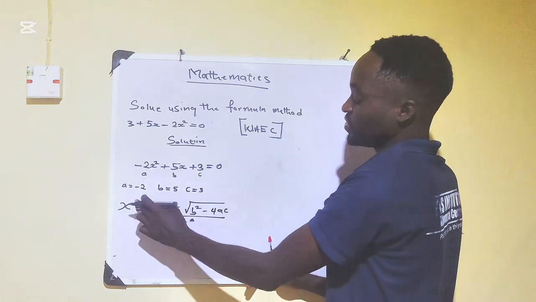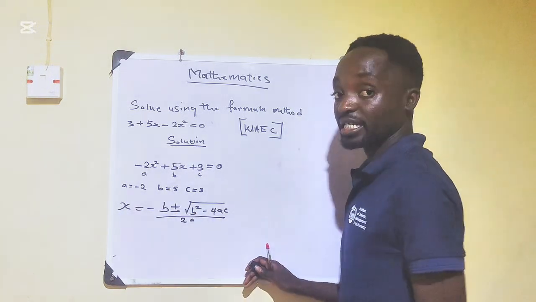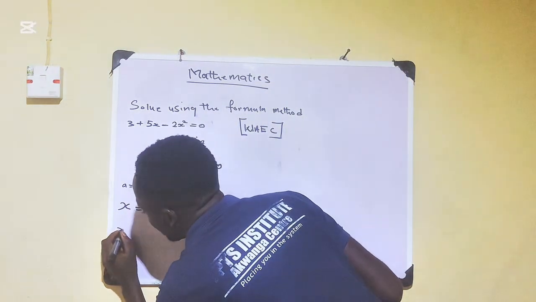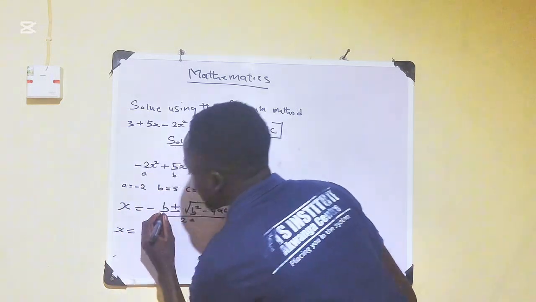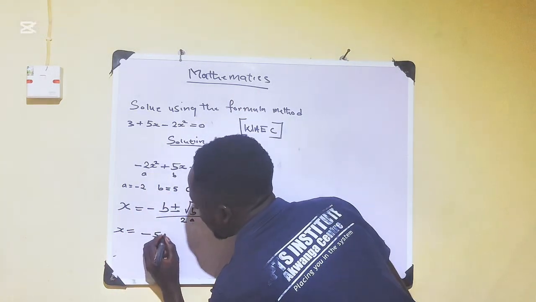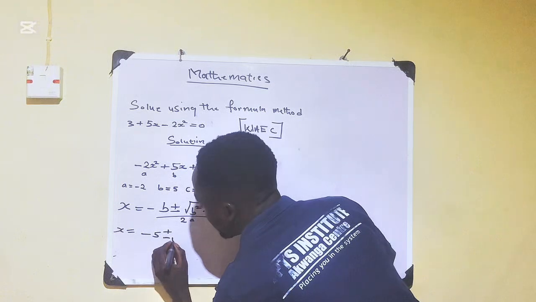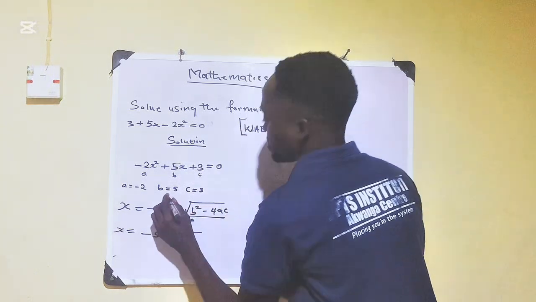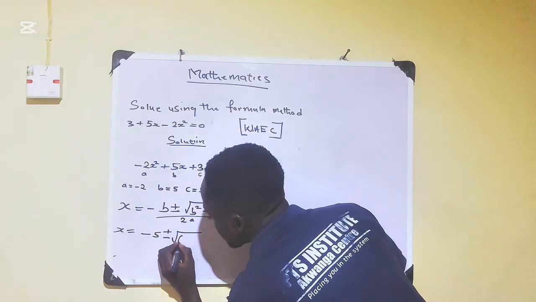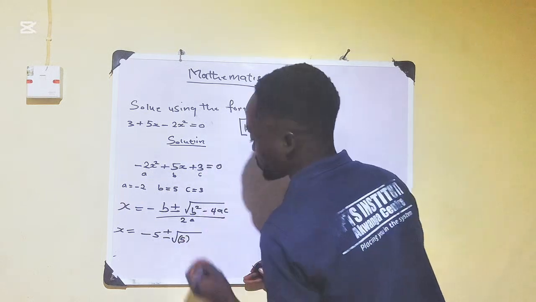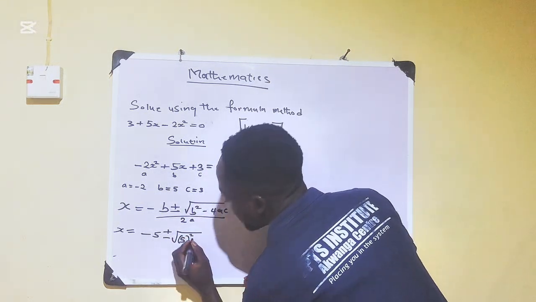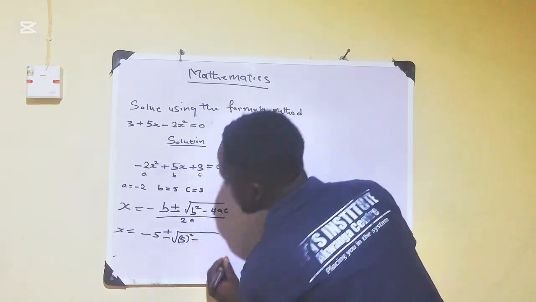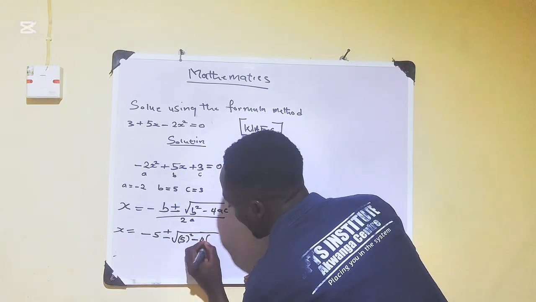Since you know what your a, b and c are, you substitute them into this formula and get your answer. So this will now become minus, what is our b? That is 5, plus or minus the square root of b squared, that is 5 squared, minus 4 times what is our a?